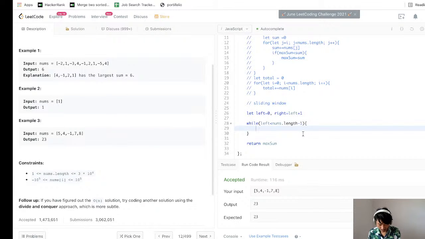Sum equals initially 0. We need to keep track of the sum, right?